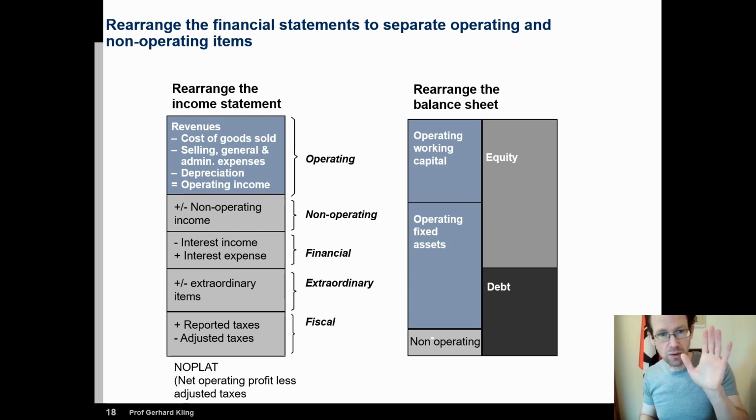We already talked about the left-hand side, the NOPLAT, and we have already done the adjustments for that. Now in the case of invested capital, we do something similar on the balance sheet. We have to understand our asset structure. Some of the assets will be operating, some will be non-operating.